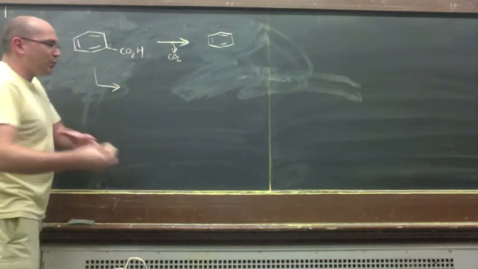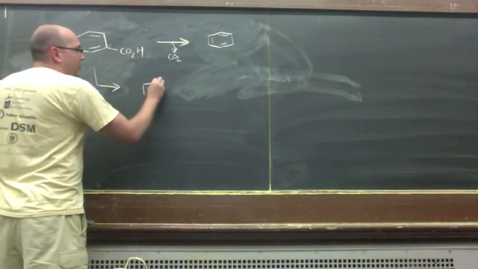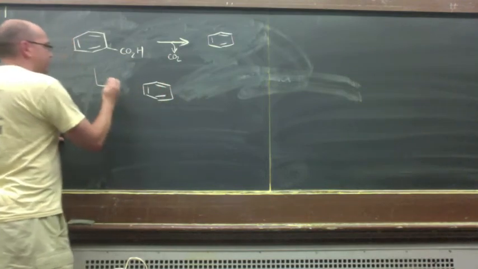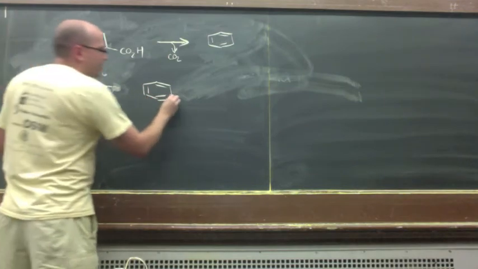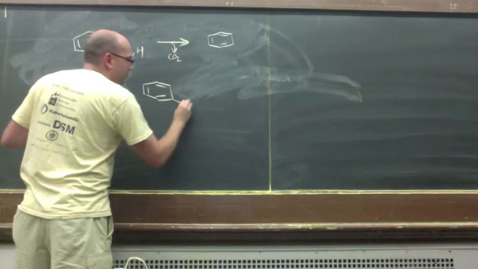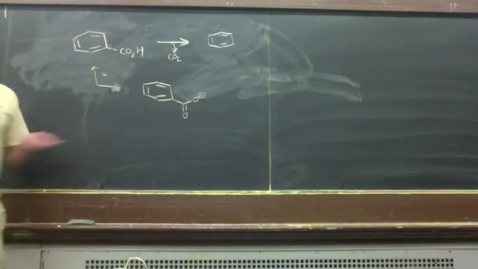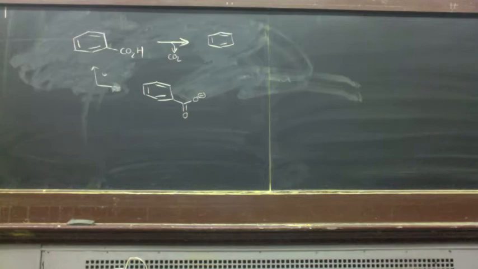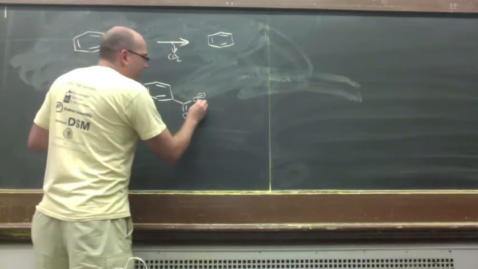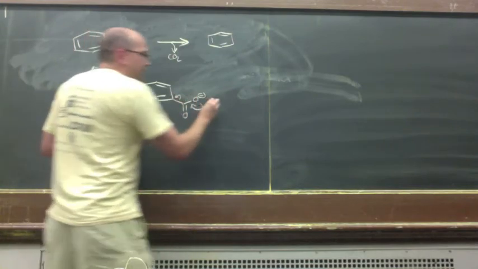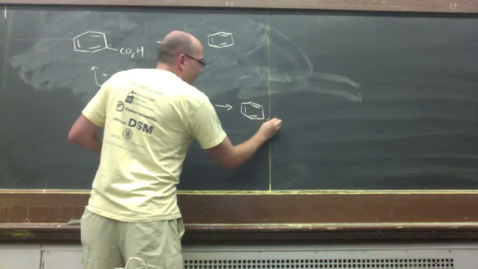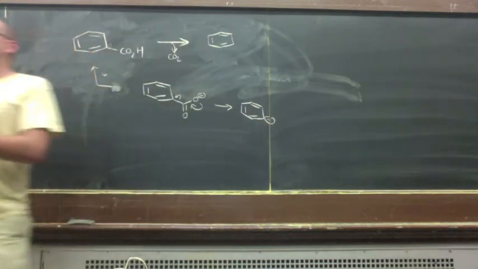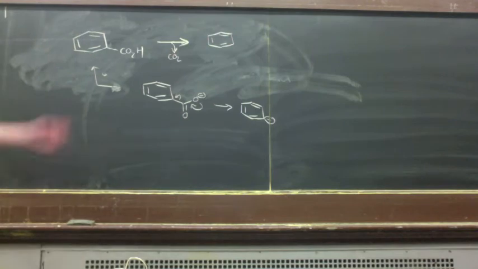Those become a little more complicated mechanistically, but formally you can think about a small percentage of it getting deprotonated, and then this setting off an anionic decarboxylation to generate the anion, which is then subsequently protonated by whatever put that off in the first place.